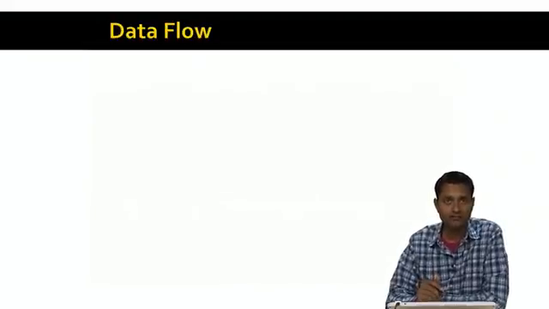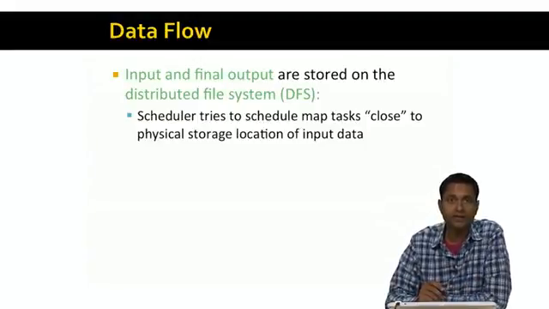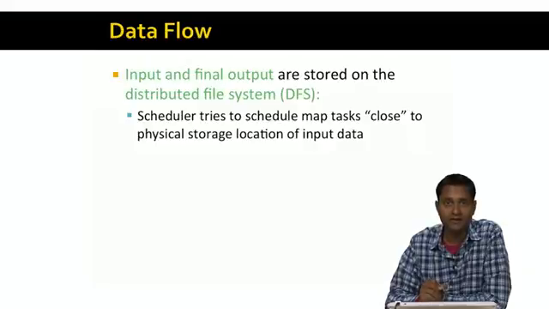So let's look at the data flow that's associated with MapReduce. The input and the final output of a MapReduce program are stored on the distributed file system, and the scheduler tries to schedule the map task close to the physical storage location of the input data.